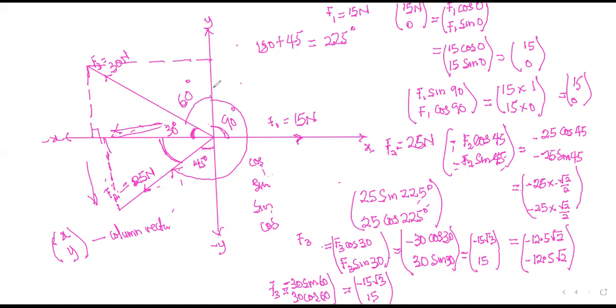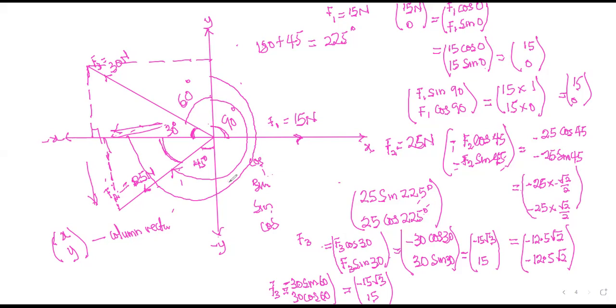We can also use the whole angle from the positive y or the north, and that will be this whole angle, 180 plus 90, which is 270.